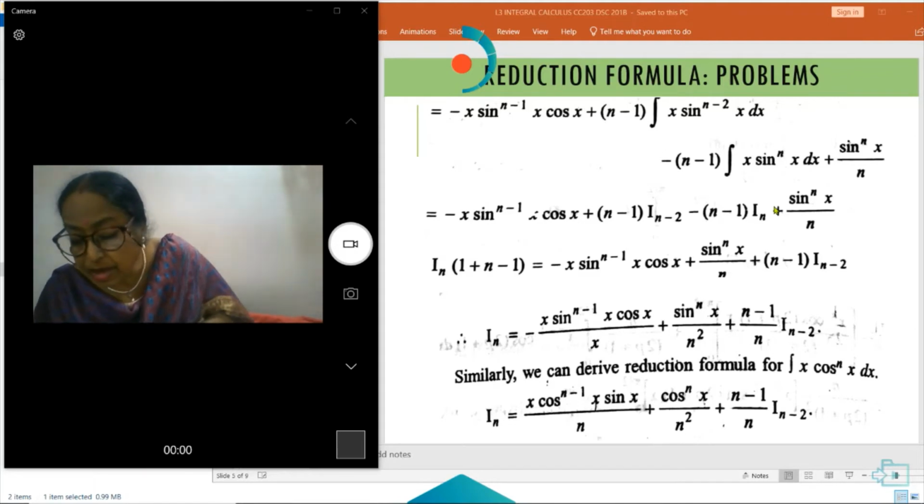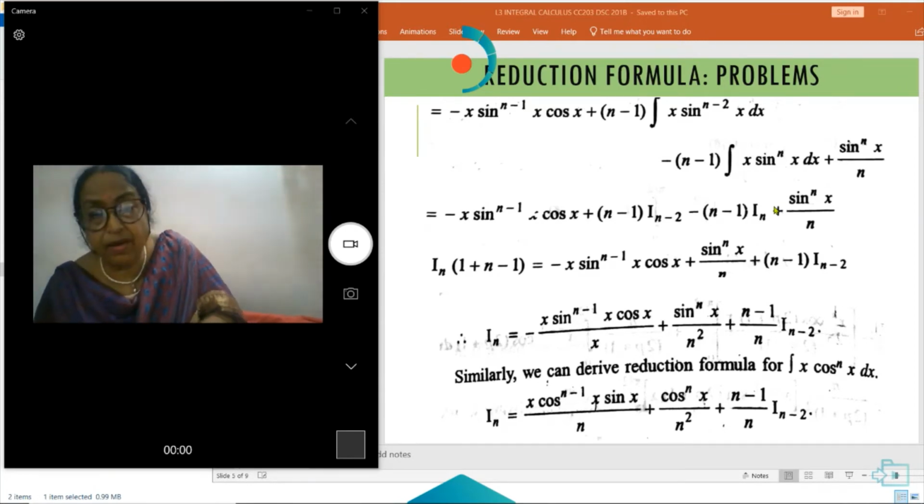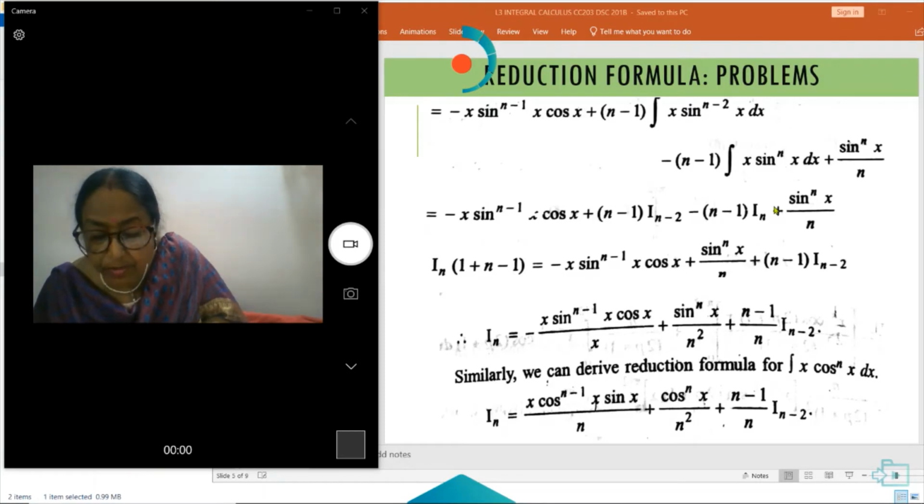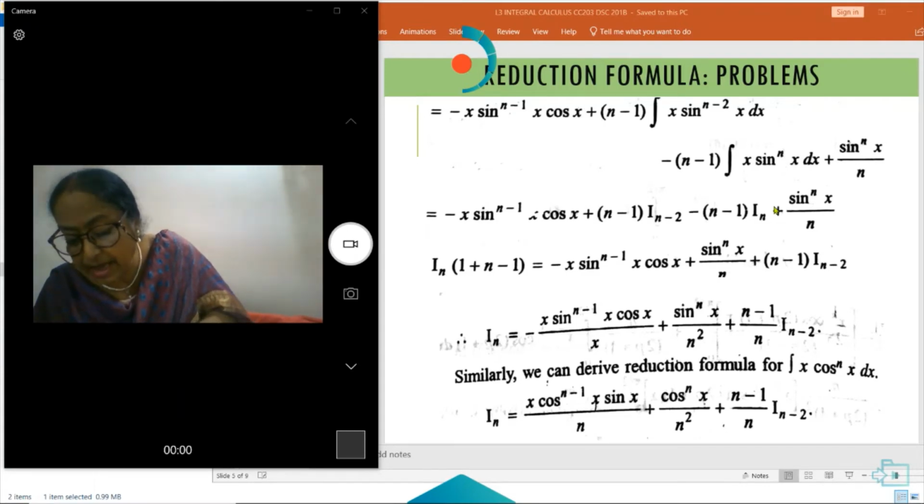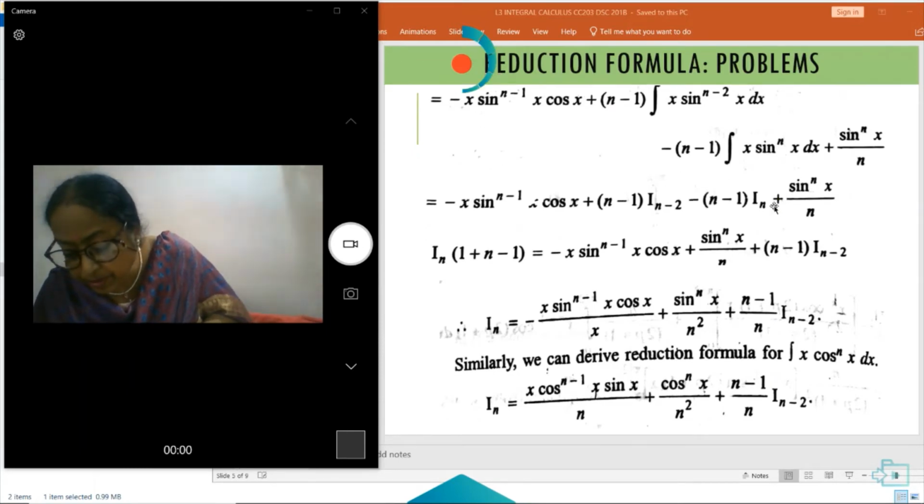So In is equal to whatever you can see on your screen. Similarly, for x into cos to the power nx dx it can be written as you can see on your screen. Now, take one example.